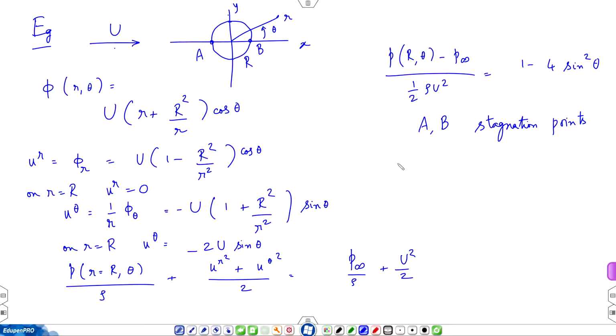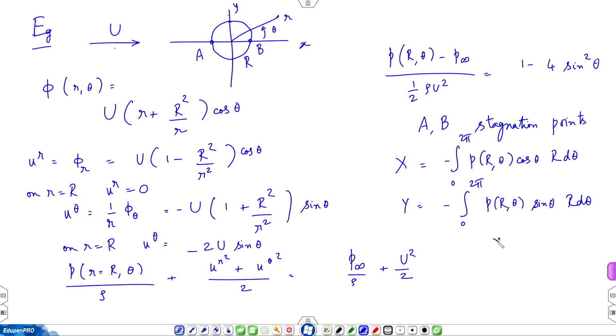Now, you can integrate pressure on the surface of the cylinder and get the forces acting on it in the x and the y directions.